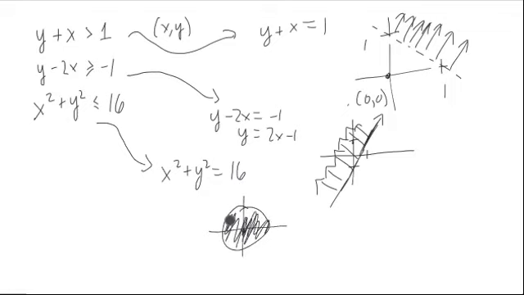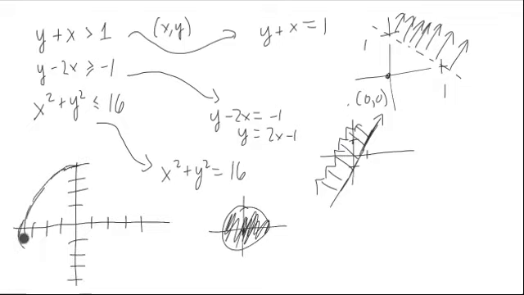Now, our next goal is to put all these together into one graph to see what the intersection is. So let's step through putting all these graphs in the same place. Okay, first of all, we have a circle and it looks like this is less than or equal to, so we can draw a closed circle, and we know what we're looking for will be on the inside of the circle.